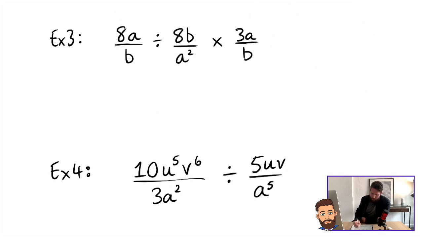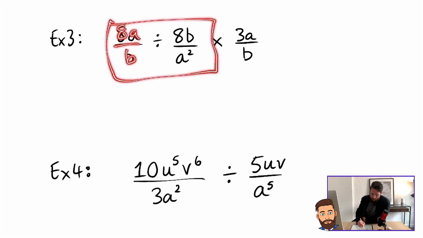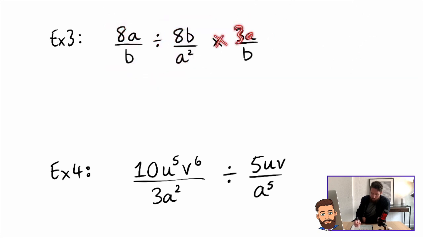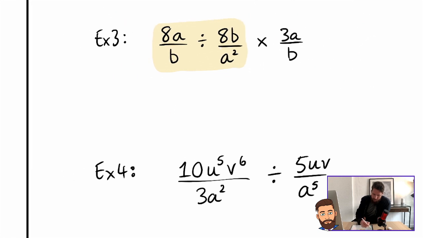We've got 8a over b divided by 8b over a squared, and then we need to times it by 3a over b. So the first thing we're going to do is focus on the division. If you think about BIDMAS, division comes before multiplication.